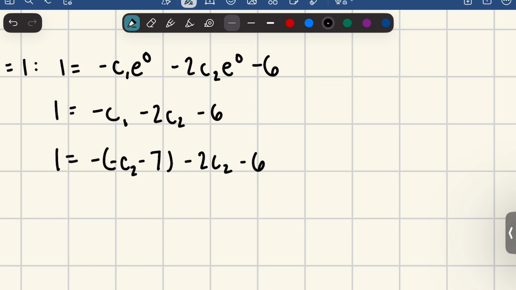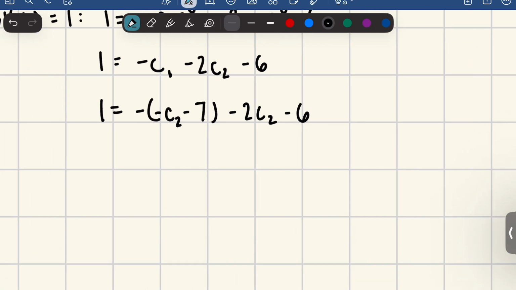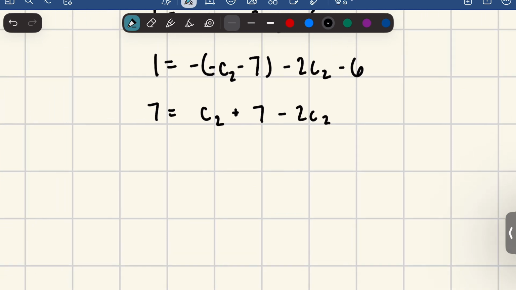Minus C2 minus 7 minus 2C2. If I move the 7 to the left side, it's going to be 0 equals C2 minus C2, negative C2.